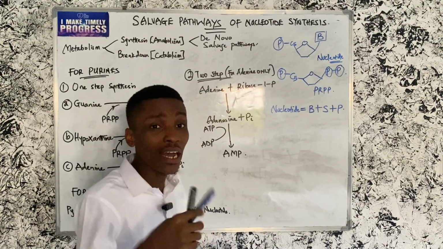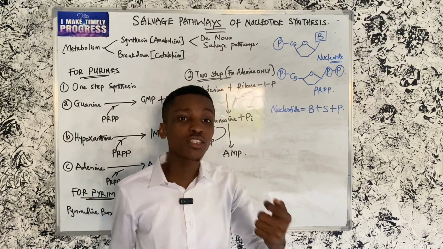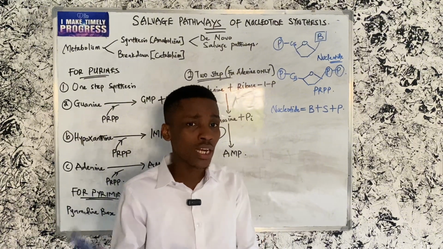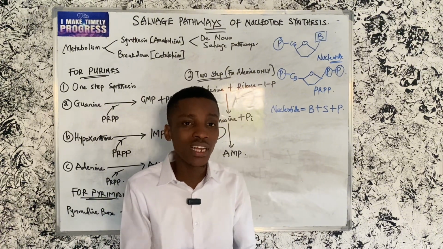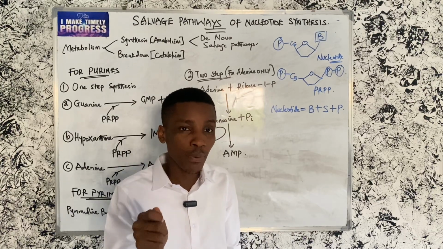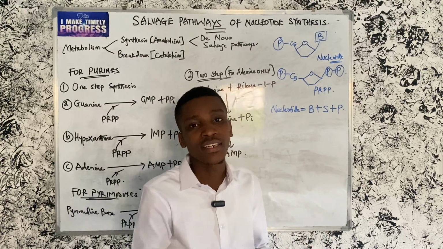But right now, what they are doing is that after you are done drinking, you are expected to return the bottle. So right now, the companies are not really producing bottles again. All they need to produce is the liquid to put inside the bottle to make a drink. That is salvage pathway. But when you have to start to produce everything all over again, that's de novo.